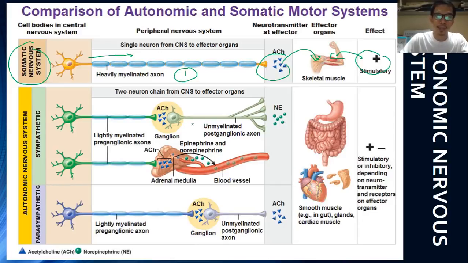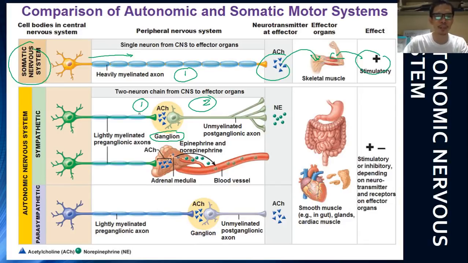In the autonomic nervous system, most of the time, they are made up of one and two neurons that are connected together in a place called a ganglion. Alright, so now what is the difference? Let's go now to the difference between parasympathetic and sympathetic nerves.